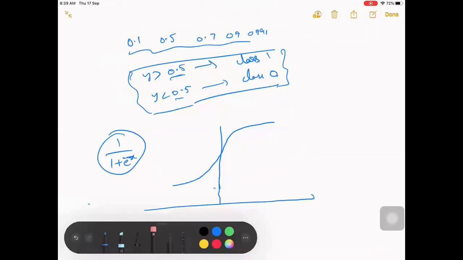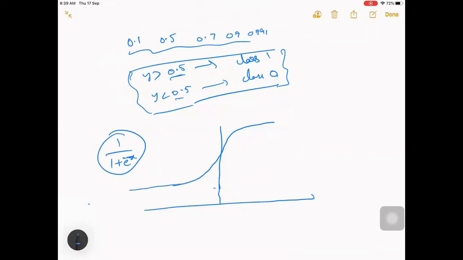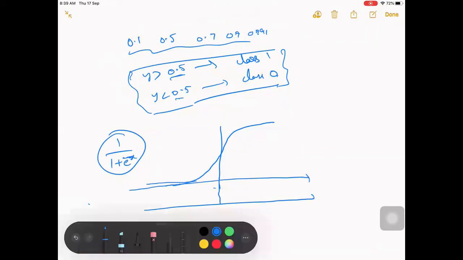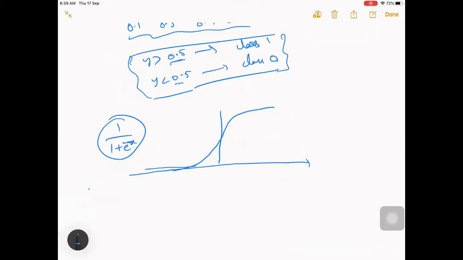Let me draw a line. So your line would be something similar to this. In this case, you keep a hard stop at 0.5.